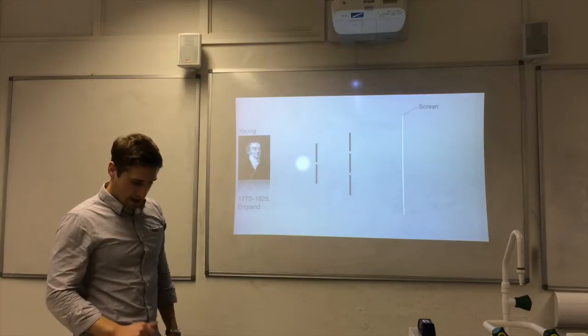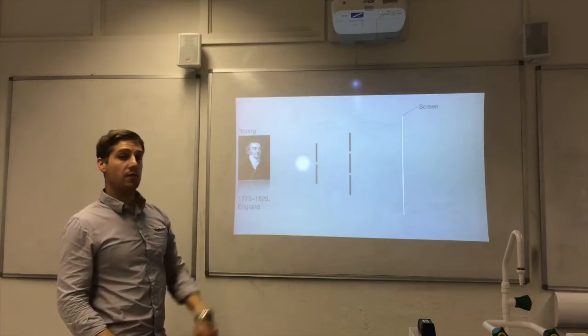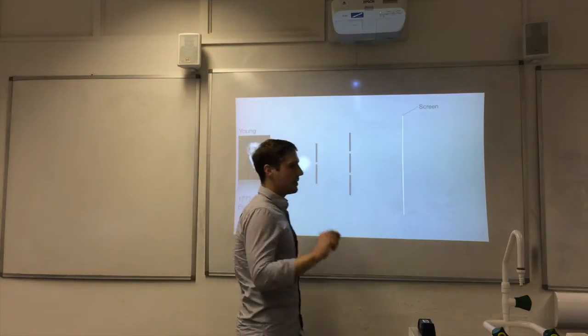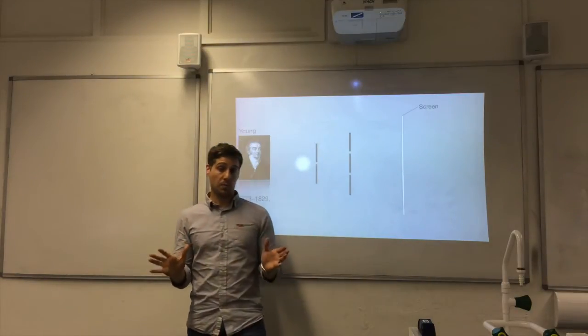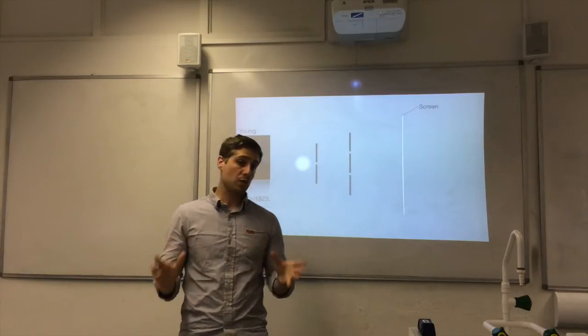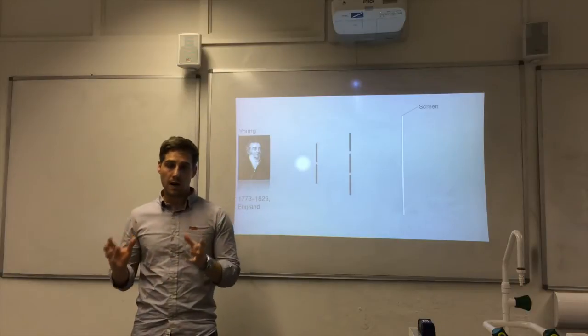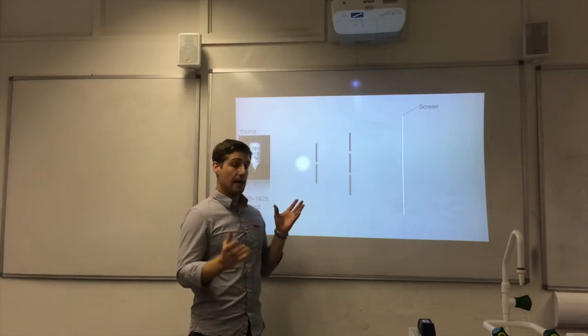Okay, and you get an interference pattern occurring on the screen. Now we said when we were looking at superposition in general terms, if you have two waves of the same type, then they can interfere. Light is a wave, so it can interfere.